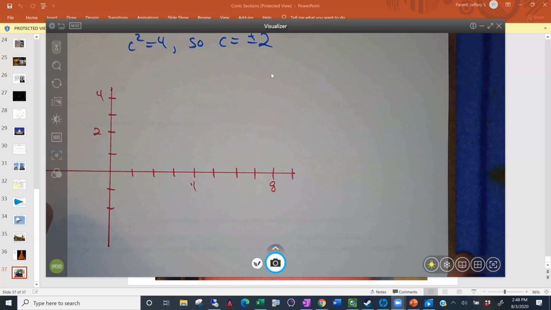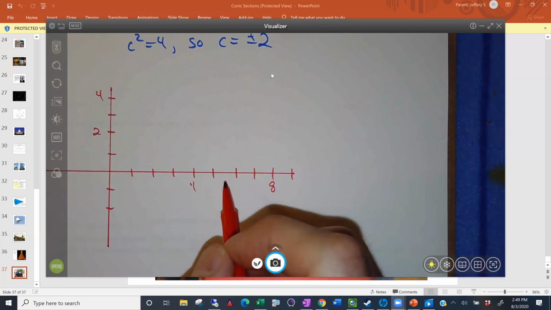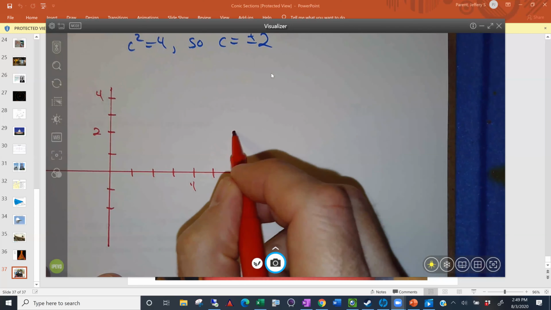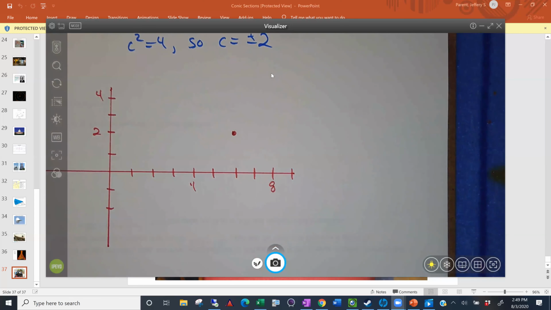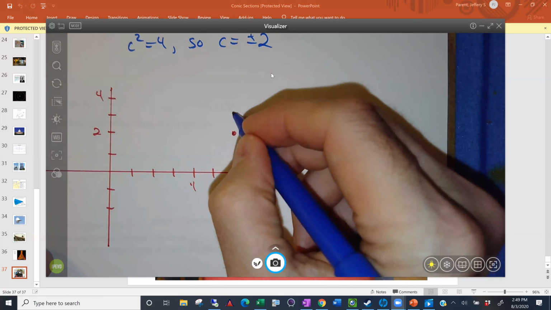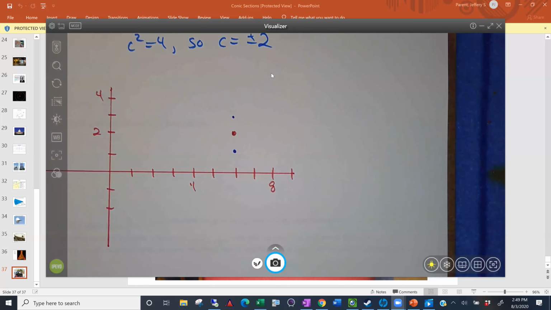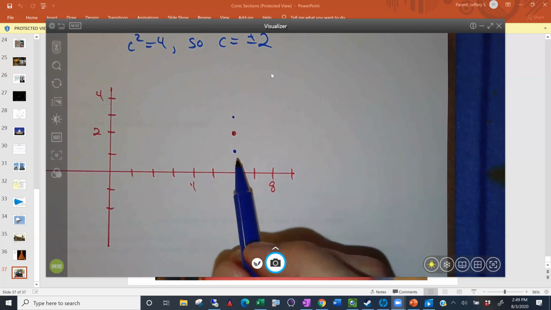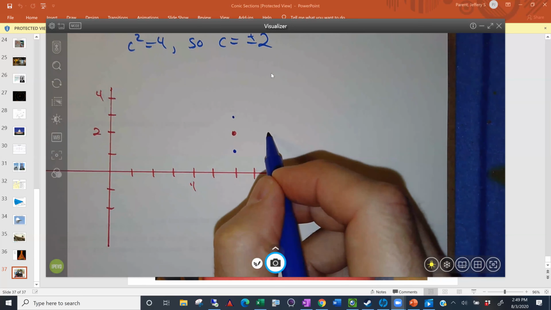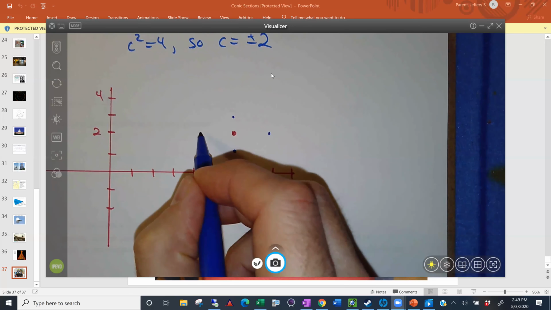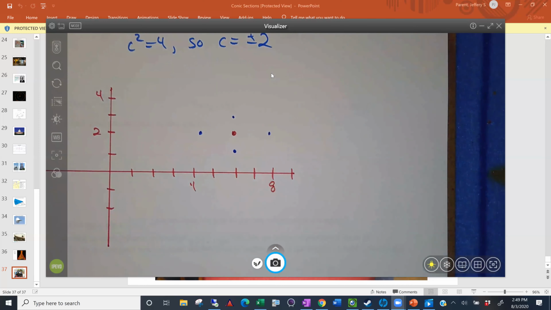So let's start by graphing our center, which is at 6 and 2. Then we had points above and below that by a distance of about 0.9. So right here and right here. And then to the right and to the left, a distance of 1.8. So not quite to 8, not quite all the way down to 4. So kind of tiny.